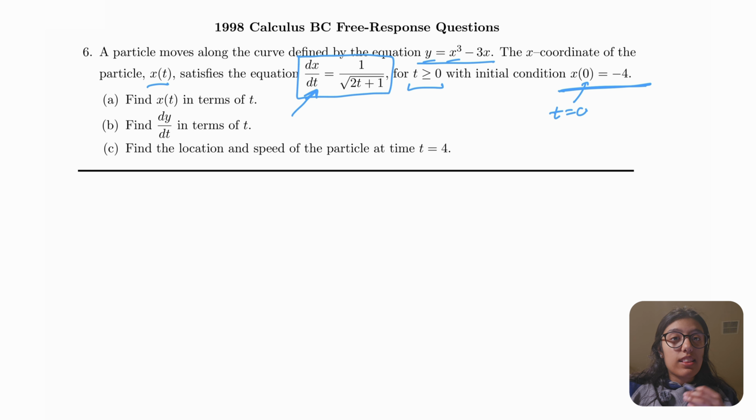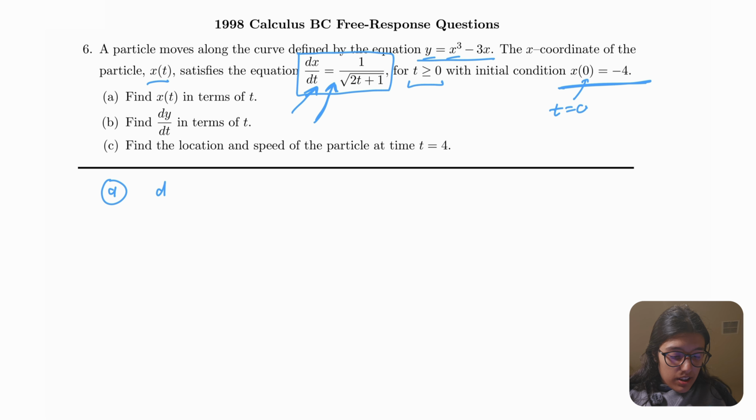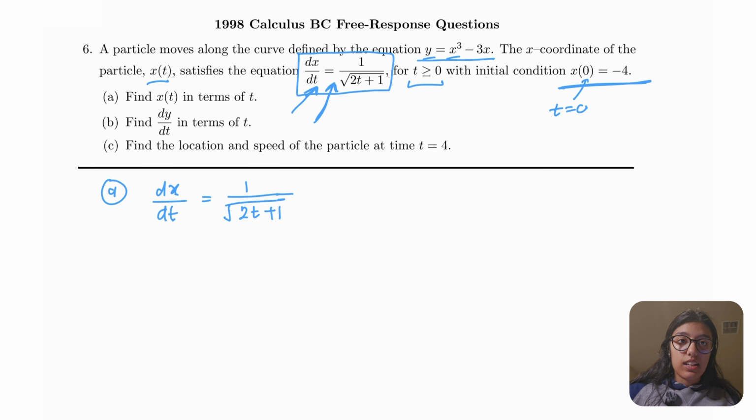So in order to find that function x(t), we're actually going to integrate this right over here. So I'm going to rewrite the top as dx/dt. Now I want to get everything that has an x on one side of the equal sign and everything that has a t on the other side.